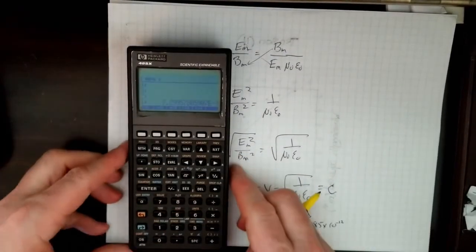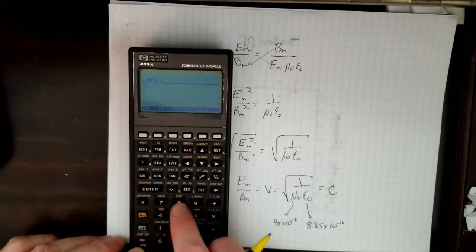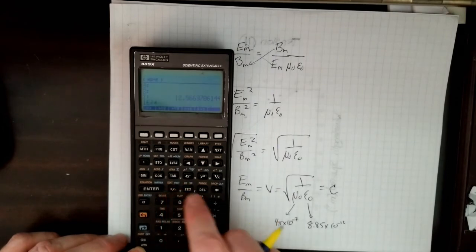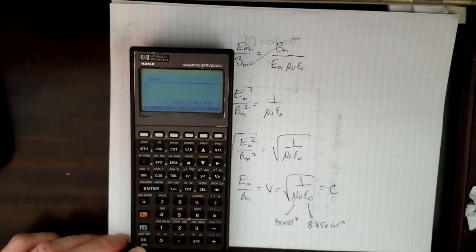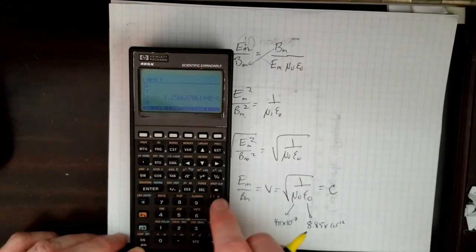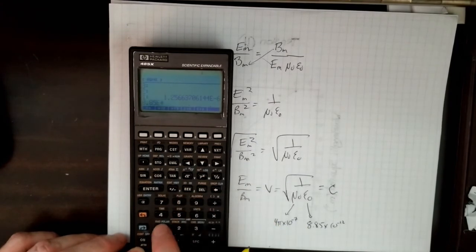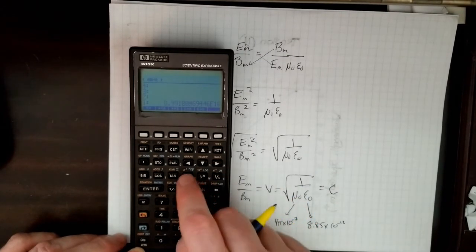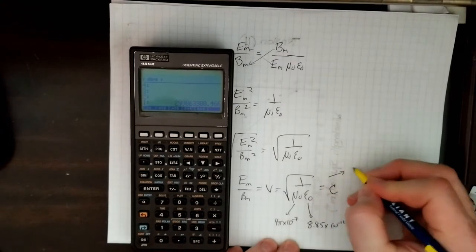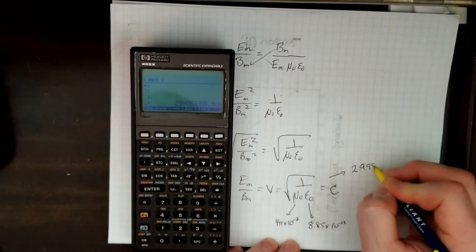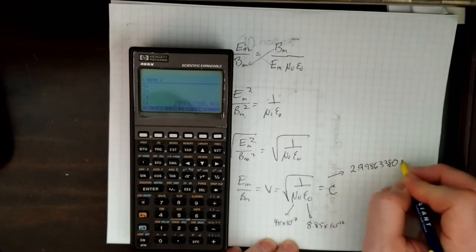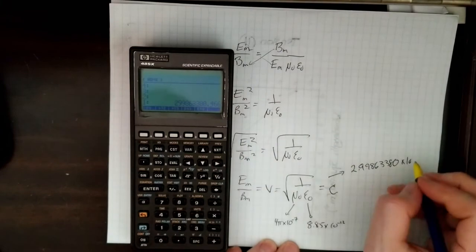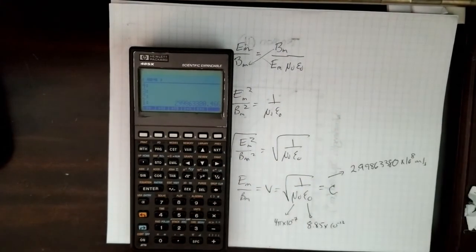So if I multiply those together, and then take the reciprocal and the square root, I end up with 2.9986330 times 10 to the 8th, and that would be meters per second.